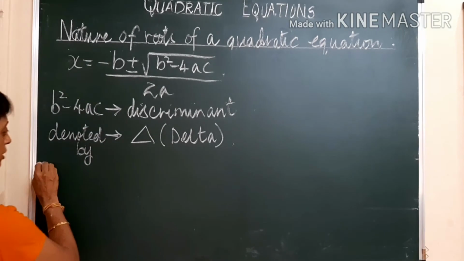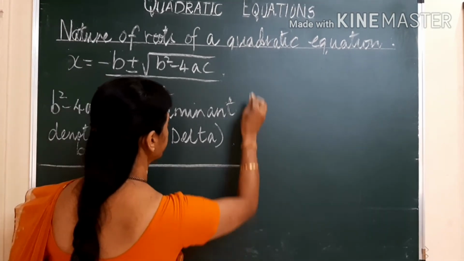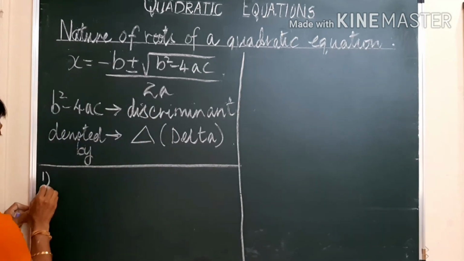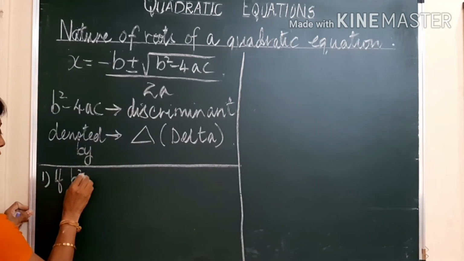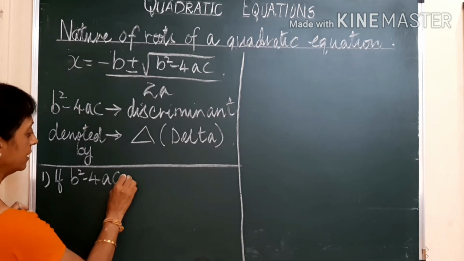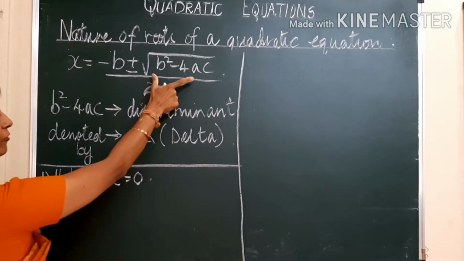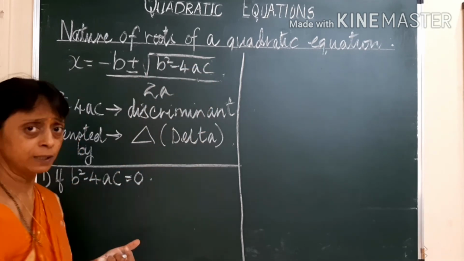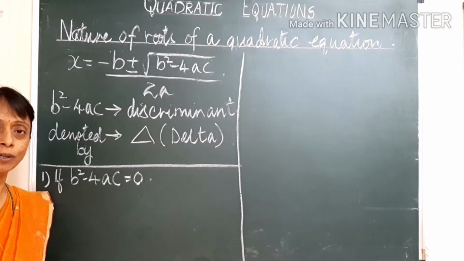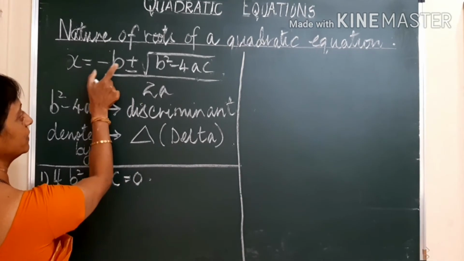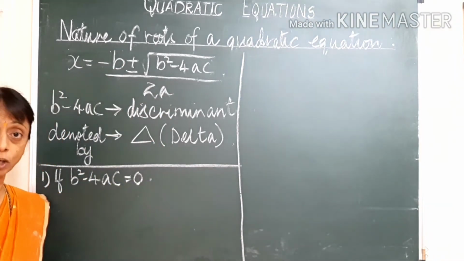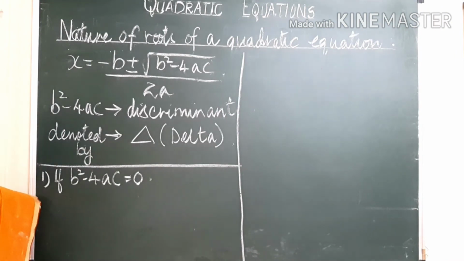So the first case, children. If b square minus 4ac is equal to 0, this entire term, what will the answer be? Definitely 0. So what are you left with? You are left with just minus b upon 2a. Therefore the roots can be called as real and equal.